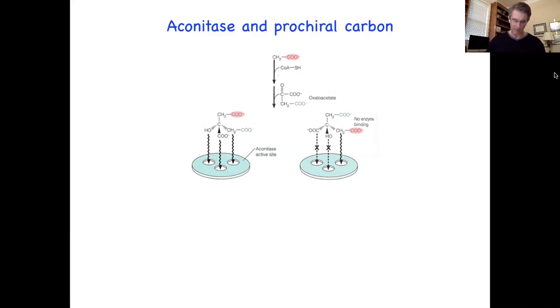And there are two ways in principle, because the two halves of the molecule are symmetric. That methylene carboxylate group is the same. We could, in principle, arrange that central tetrahedral carbon in one of two ways, with either that carboxylate that came in from acetyl-CoA up, or with the other carboxylate that was already there in oxaloacetate up.